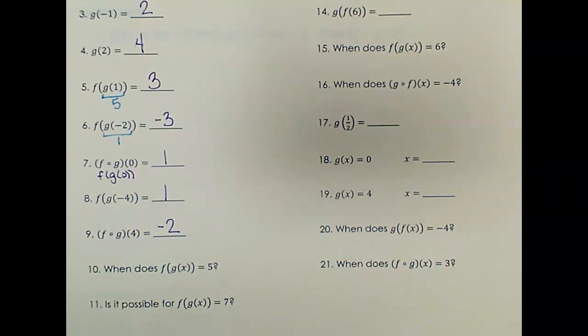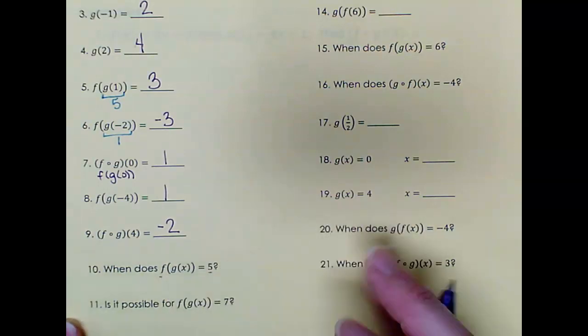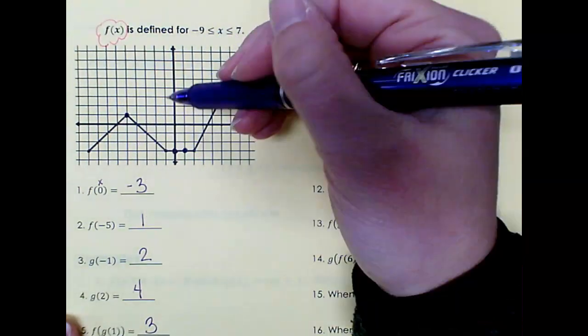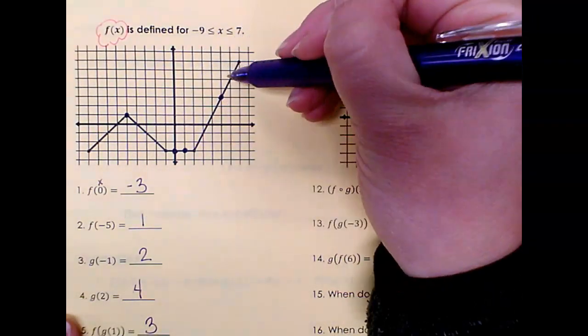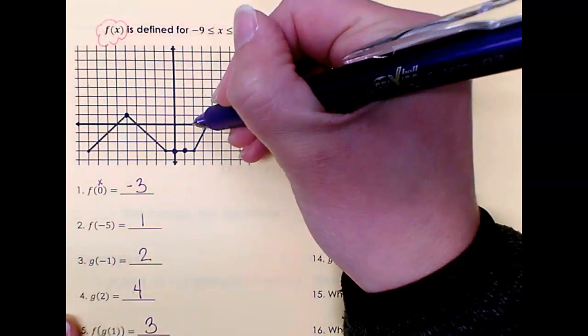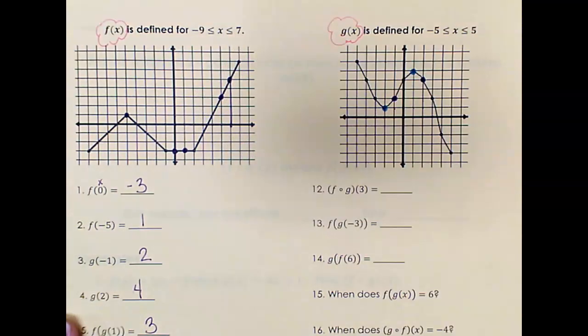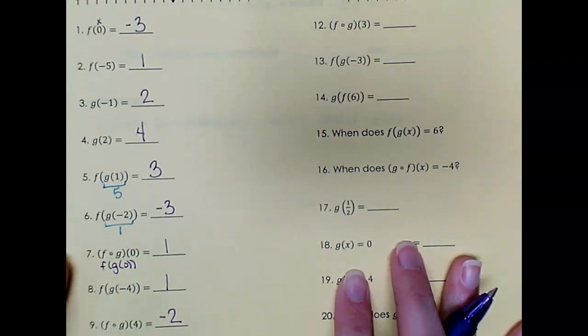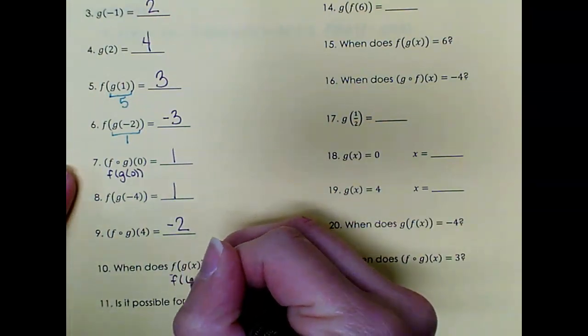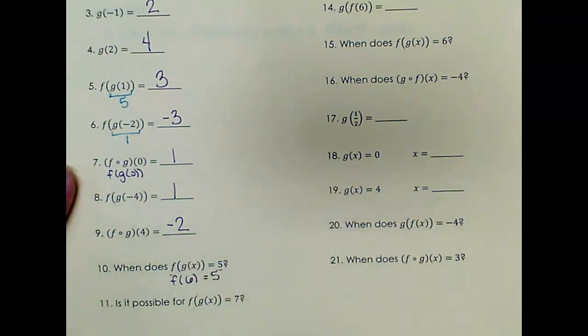Numbers 10 and 11 are slightly different. 10 says, when does f of g of x equal 5? Well, that means that I need to go find where the f function is 5. So here's my f function. It's 1, 2, 3, 4, 5 right here. That's at an x value of 1, 2, 3, 4, 5, 6. So f of 6 is equal to 5.